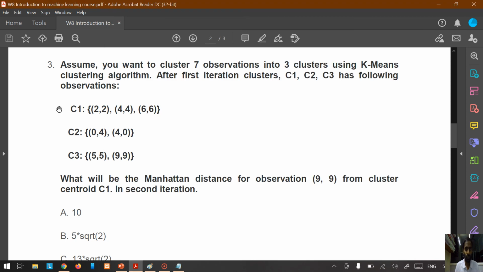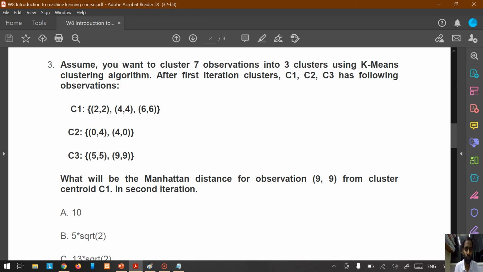Now one observation given is (9, 9). From cluster C1, first we have to calculate the centroid. How do we calculate the center for C1? 2 plus 4 plus 6 by 3, that is 12 by 3, which equals 4, and similarly for the second coordinate, so the centroid is (4, 4).